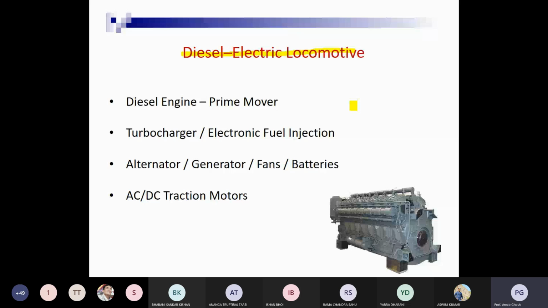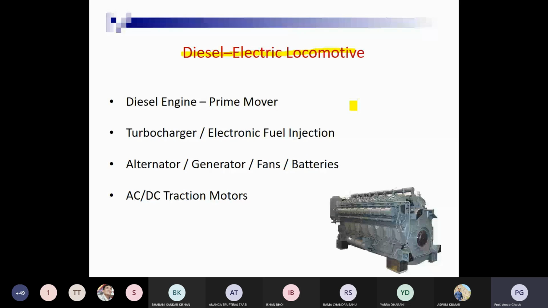Basically you are using that motor, the traction motor. What is the purpose of the traction motor? The purpose of the traction motor is to overcome the frictional effect, or the movement of the wheel. So that is your primary agenda. So initially you are using the diesel engine.